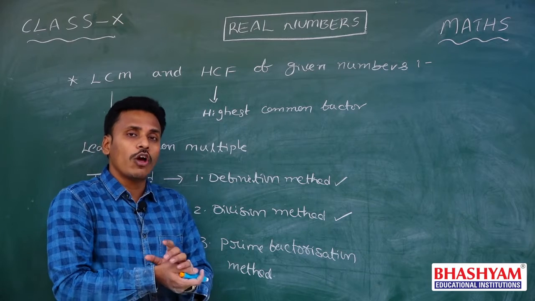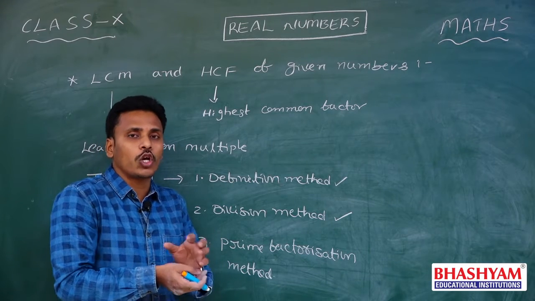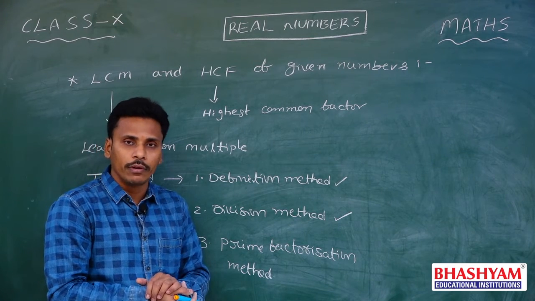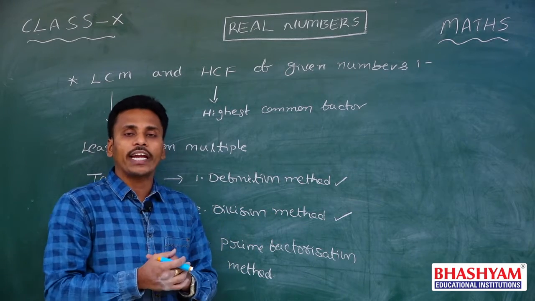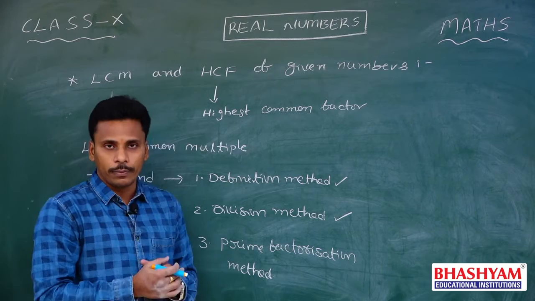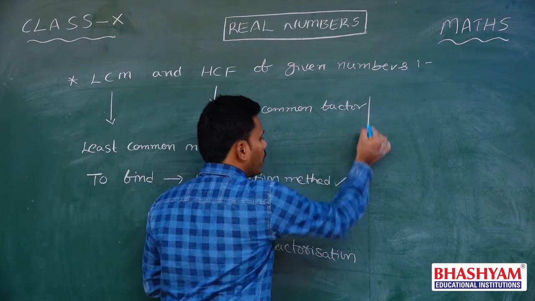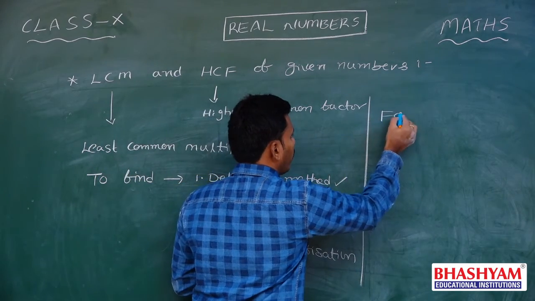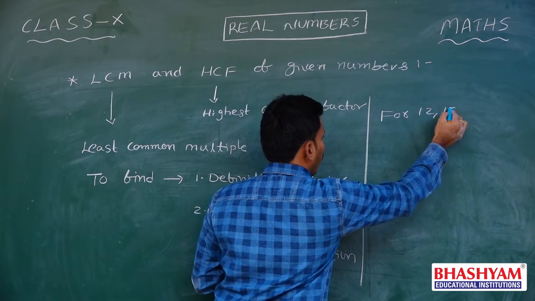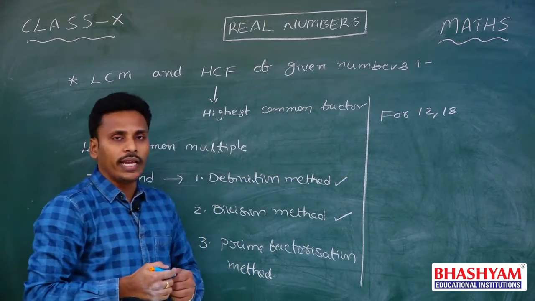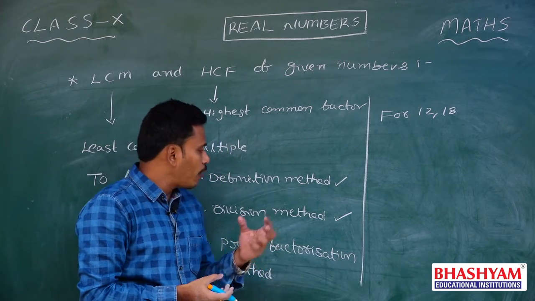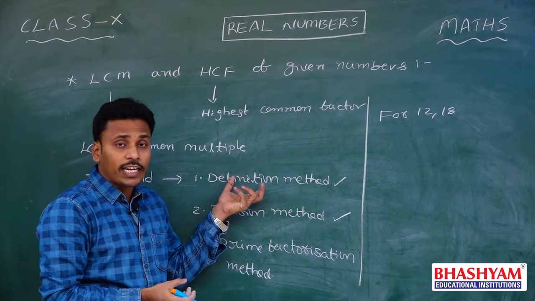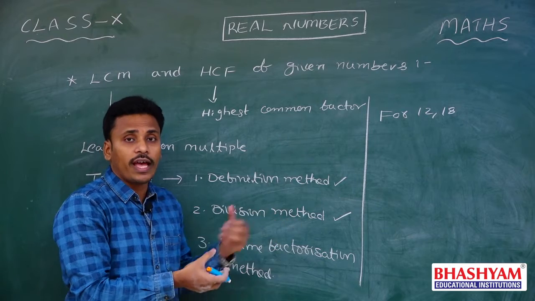For that we need to know about multiples, and we need to list out the common multiples of the given numbers, and among all those common multiples you identify the least common multiple. Suppose I have the numbers 12 and 18. What is the LCM of 12 and 18 by the definition method? We move with the definition method, which involves listing the numbers.